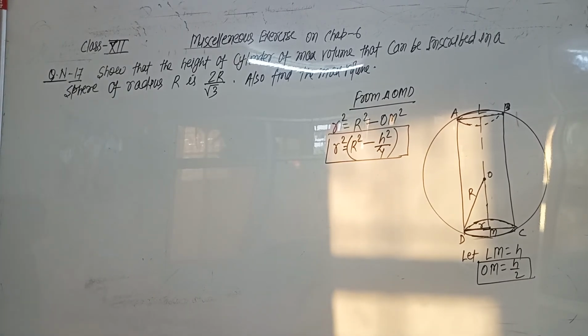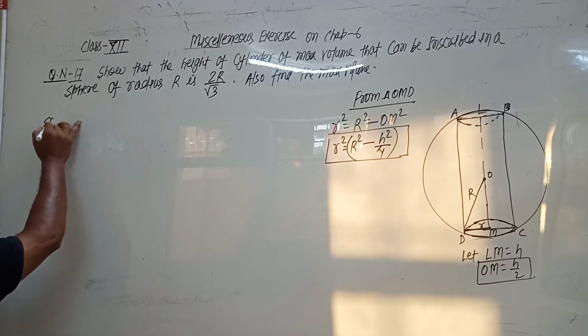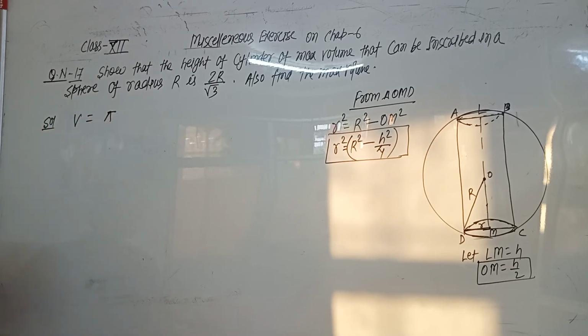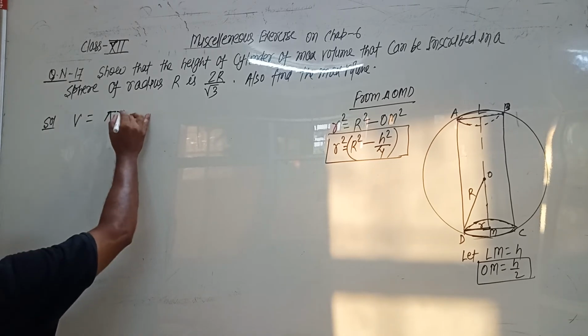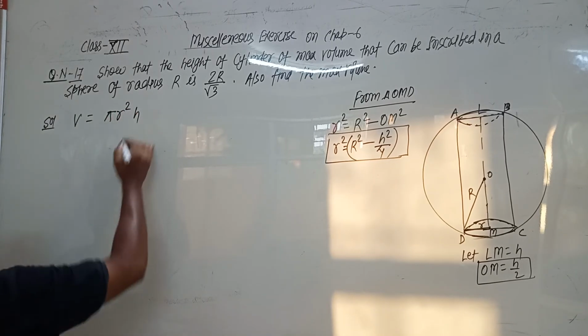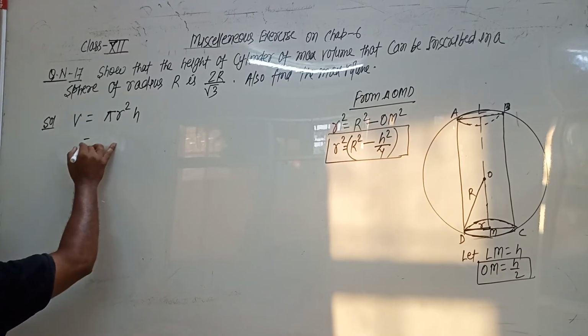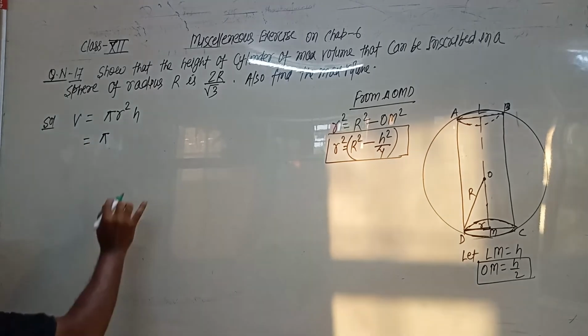Now we write the formula for the volume of the cylinder. Volume of the cylinder is given by pi r square h. The radius of the cylinder is small r and the total height of the cylinder we have taken as h, LN equals h. Put the value of small r square.